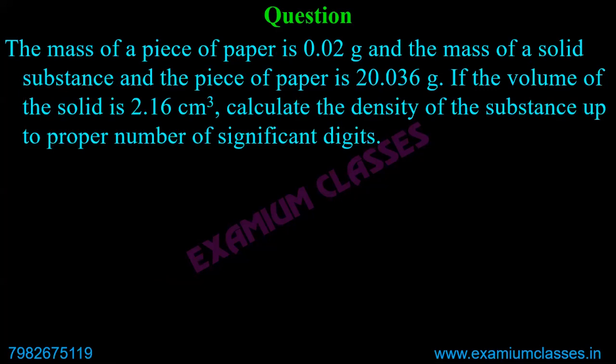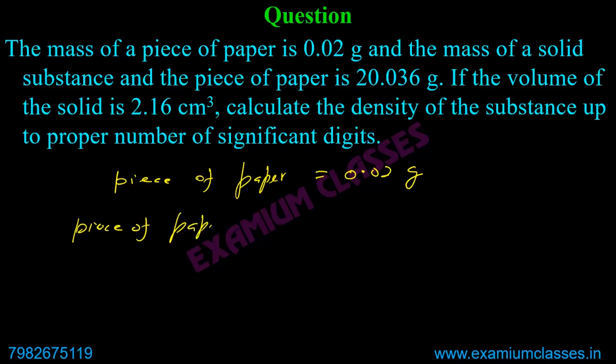Now the next question. The mass of a piece of paper is 0.02 gram, and the mass of the piece of paper plus the solid substance is 20.036 grams.